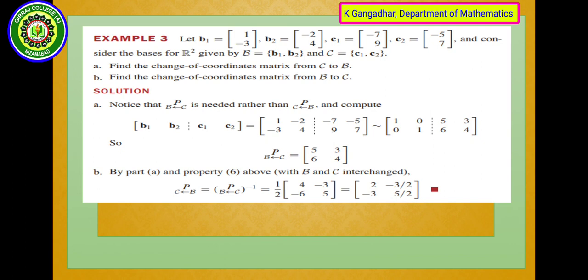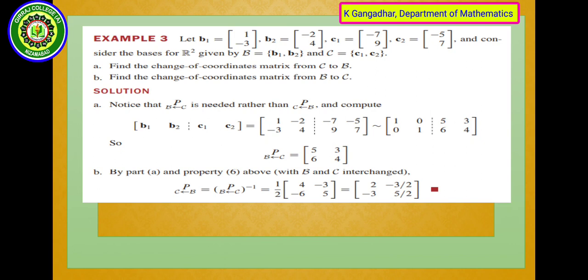In the same way, the next one: b1 = (1, -3), b2 = (-2, 4), c1 = (-9, 7), c2 = (-5, 7). Here B and C are two bases of R2. Find the change of coordinate matrix from C to B and from B to C. We first find the C to B matrix.